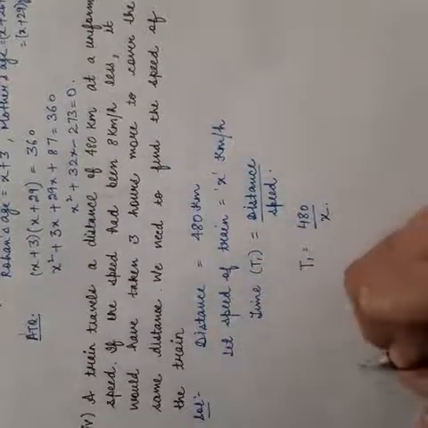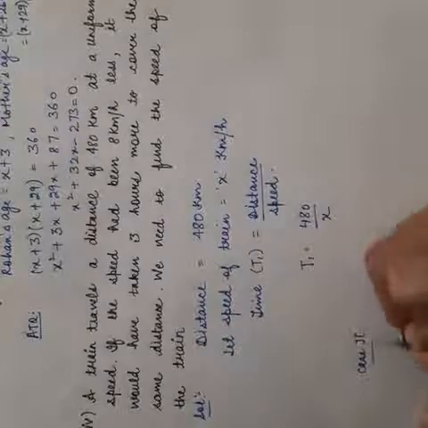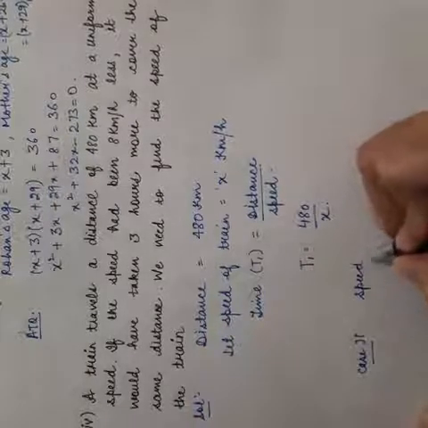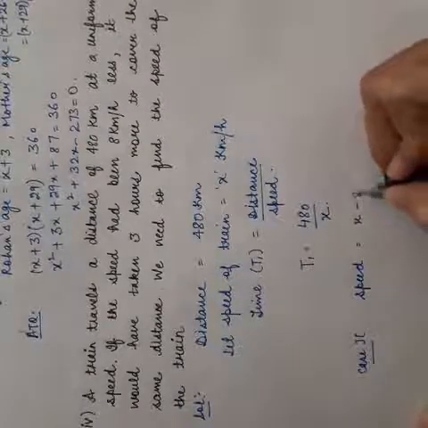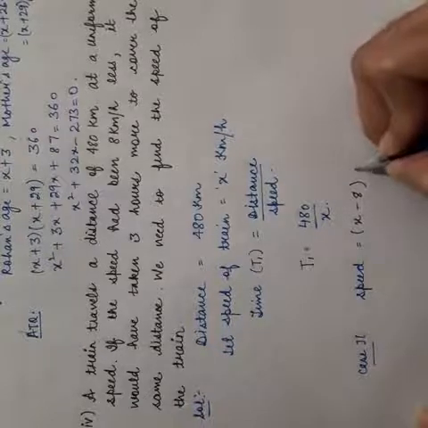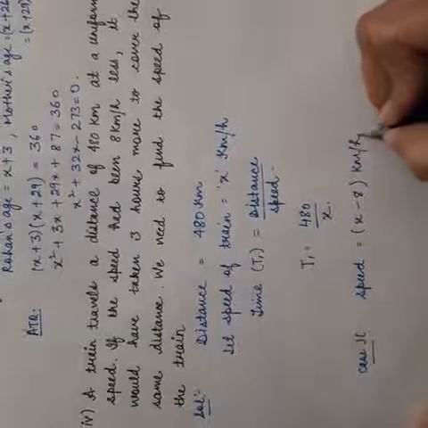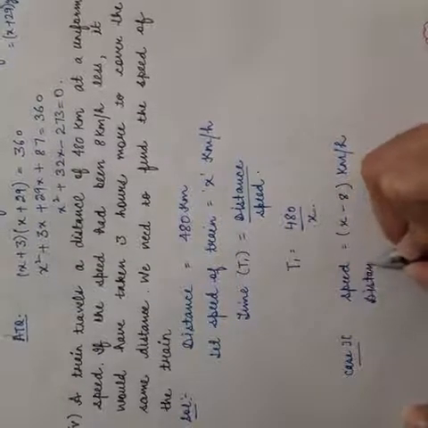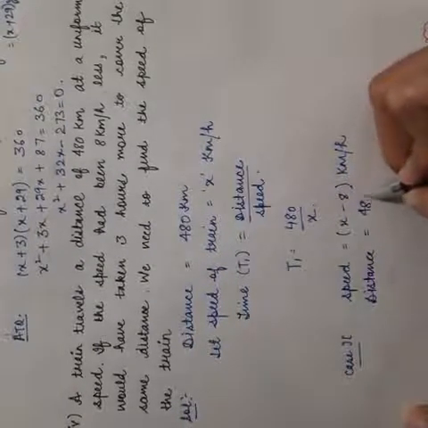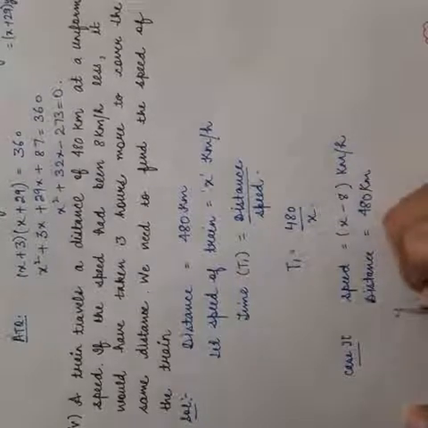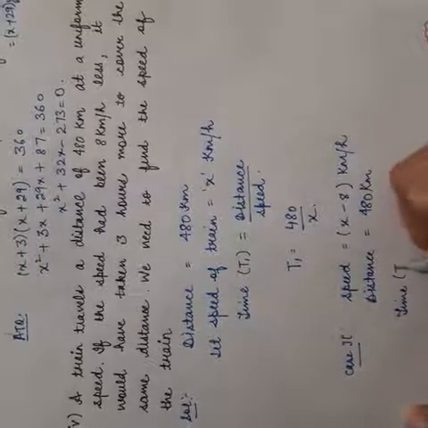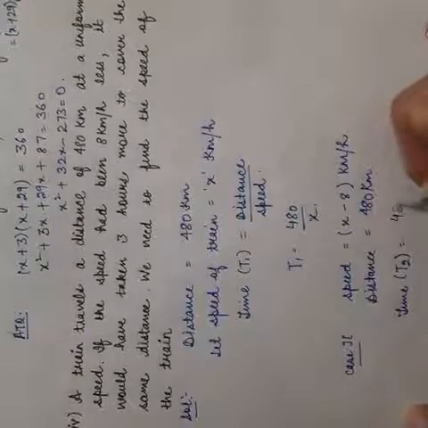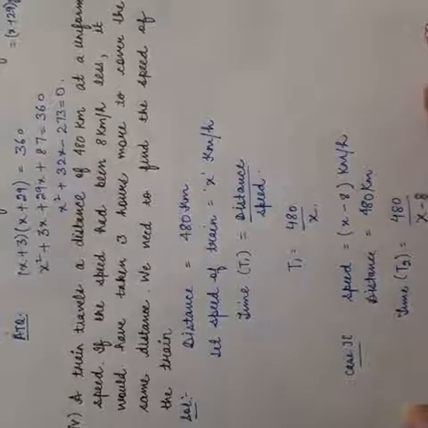Now in case 2, the speed is 8 km per hour less. Earlier we have taken it as x, now it is x minus 8. Distance is still the same, that is 480 kilometers. So how much time it will take? We will use the same formula again, that is distance upon speed.